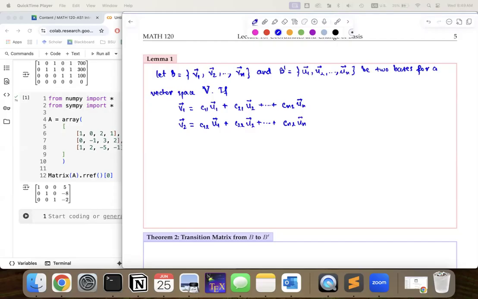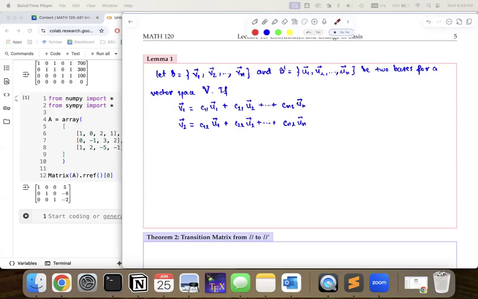Usually what we write is C11 and C12 and then C13 to C1n, and then in the second equation C21, C22, C23 up to C2n, and so forth. But in this case it looks a little different.